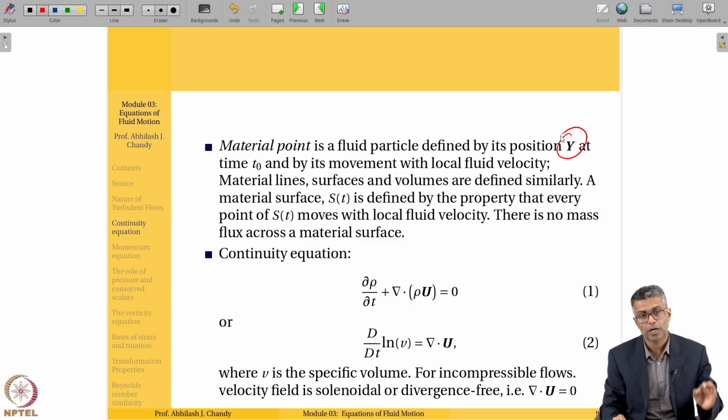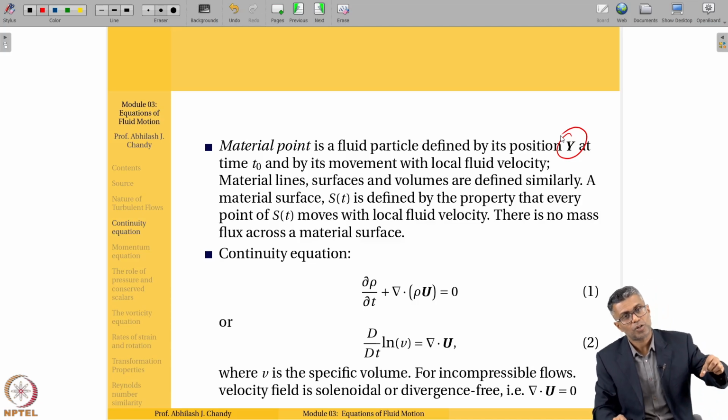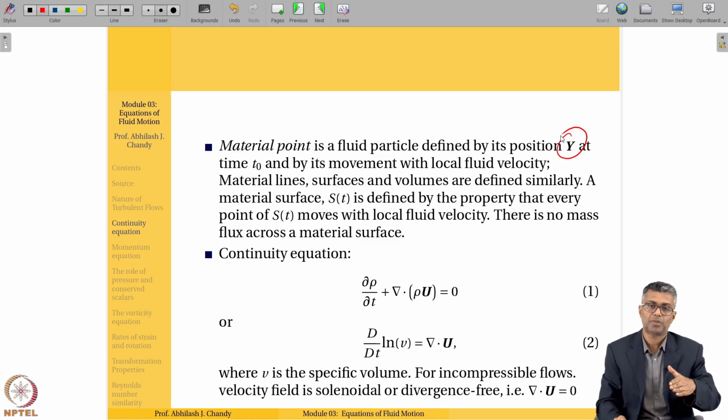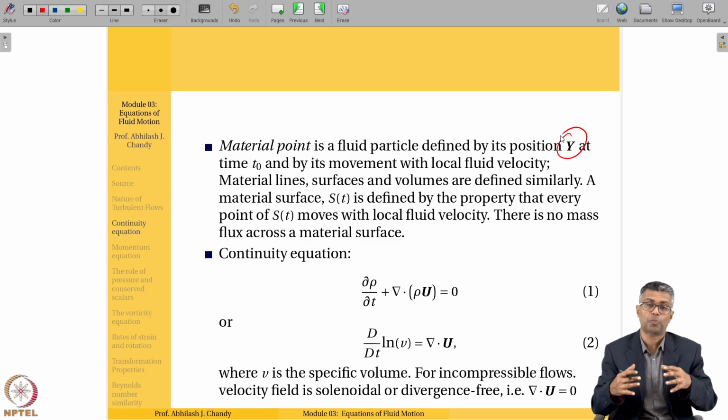So if you have a material point, you have material lines, you have material surfaces, and you have material volumes. All of these are defined similarly. A material point is a fluid particle, a material line is a locus of all the fluid particles, a material surface is a surface obtained by sweeping a material line, and a material volume is a volume obtained by sweeping a material surface.